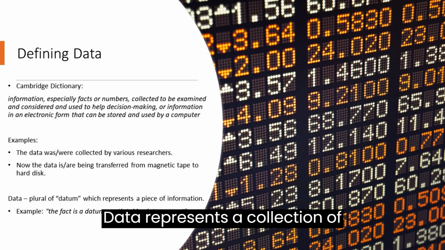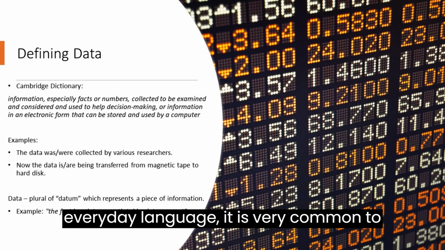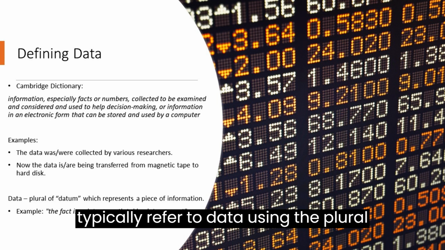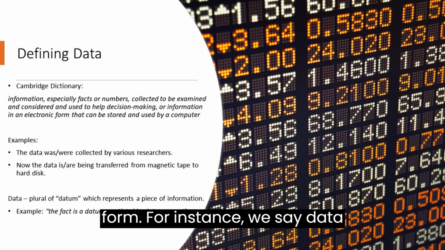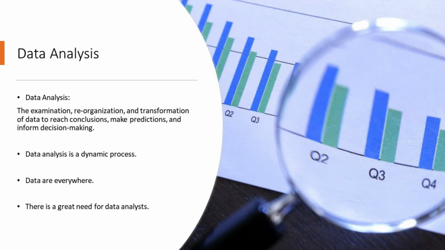Data represents a collection of facts, therefore includes multiple pieces of information. In everyday language, it is very common to use phrases such as data is, but data analysts and statisticians typically refer to data using the plural form. For instance, we say data were collected rather than data was collected.